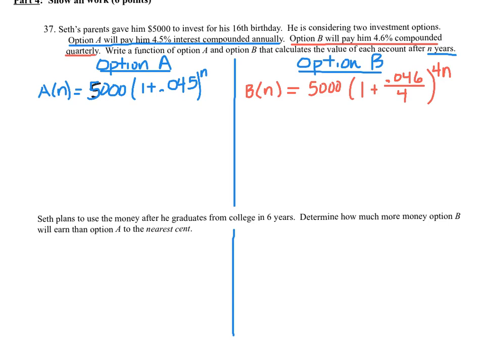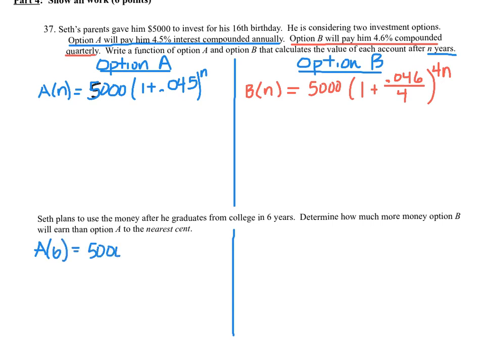All right, then in the second part, it's saying that Seth plans to use the money after he graduates from college in 6 years, and determine how much more option B will earn him than option A will earn him. So I'm basically going to find A of 6. I'm going to do this in my calculator.